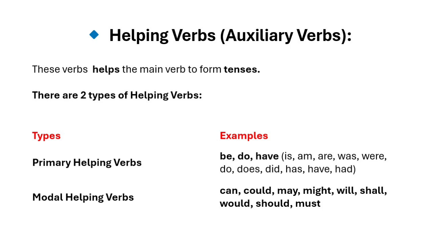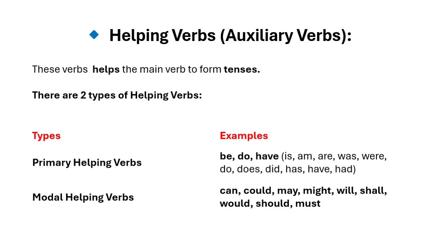Now let's try to understand helping verbs in short. These verbs help the main verb to form tenses. Along with the main verb, you must understand helping verbs. There are two types of helping verbs: primary helping verbs and modal helping verbs. Okay, now see what is there in primary helping verbs.